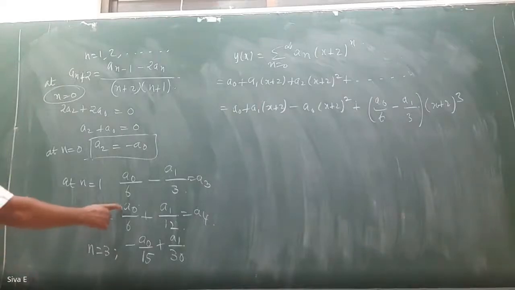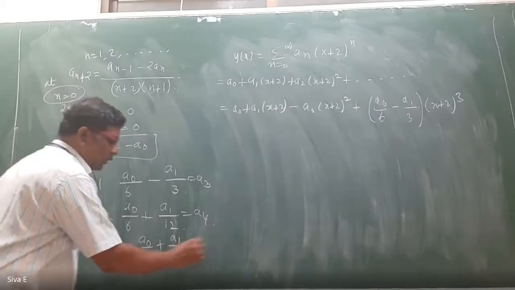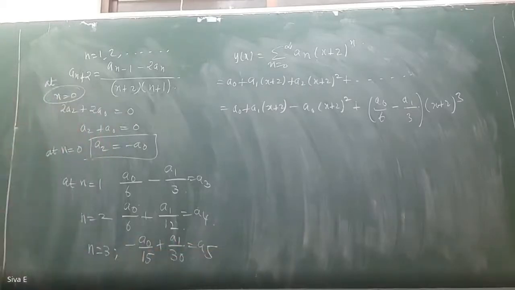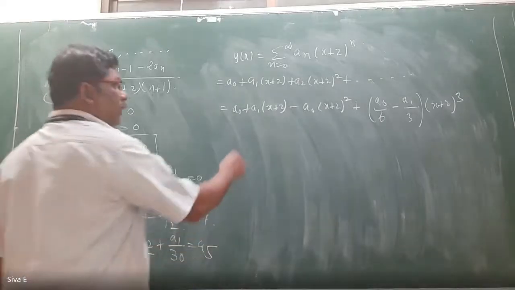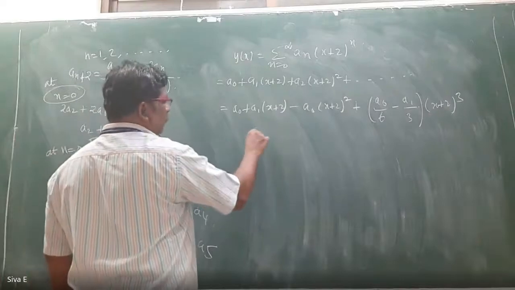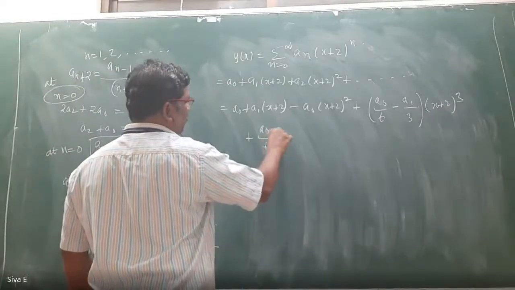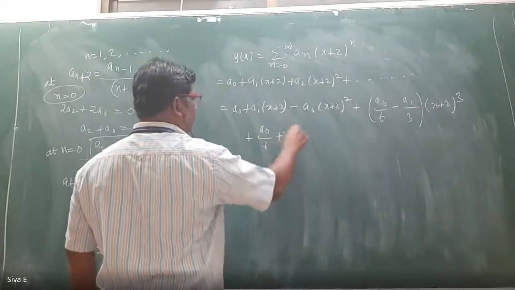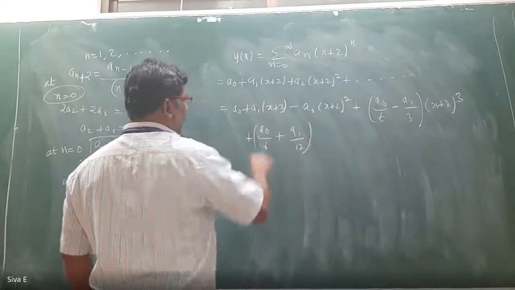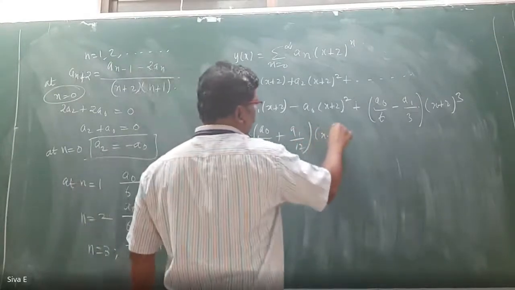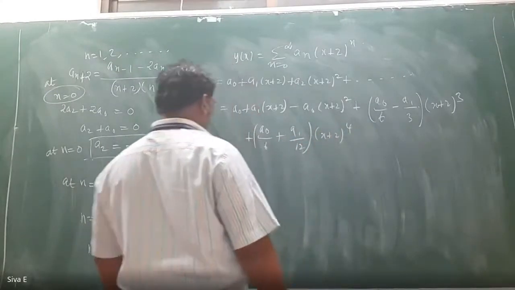Then this one is a4 and this is a5 now. a0 by 6 plus a1 by 12 into x plus 2 whole power 4.